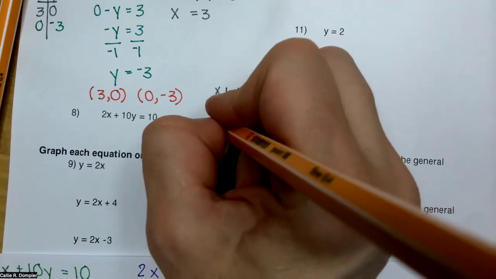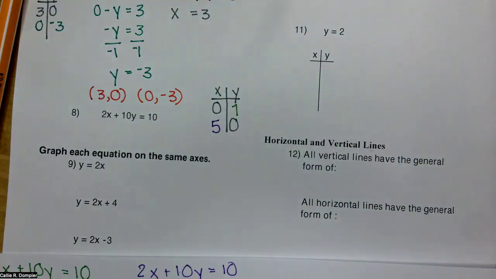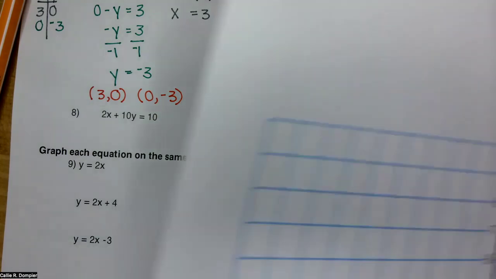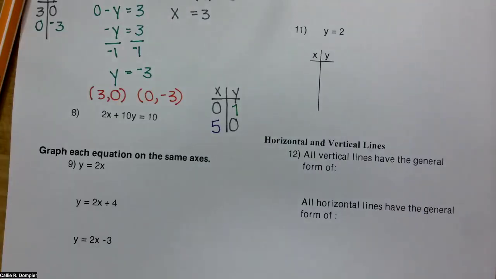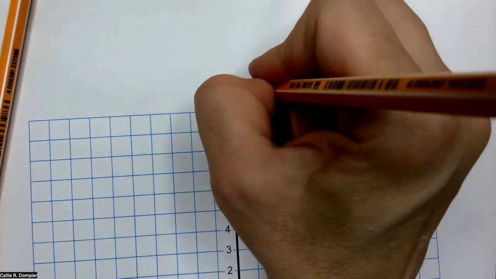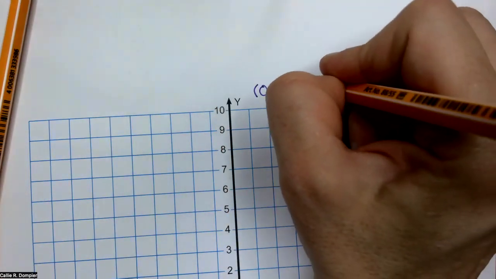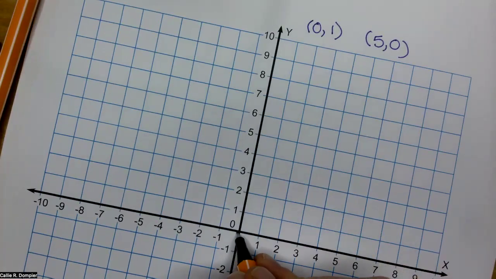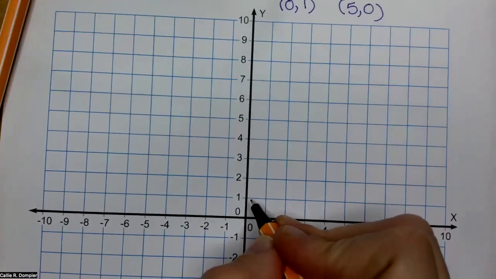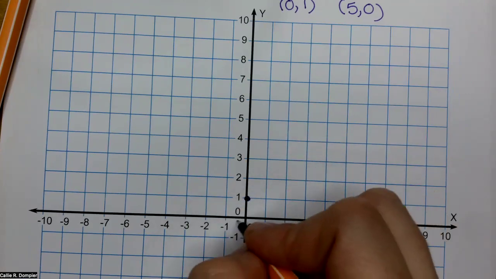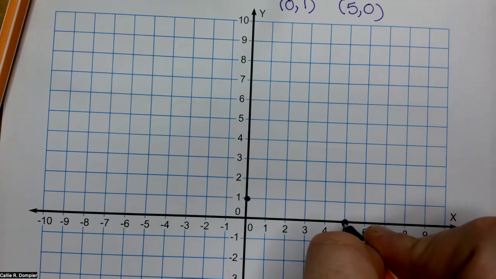So my 2 points are 0, 1, and 5, 0. Okay? 0, 1 means 0 on the x, 1 on the y. 5, 0 means 5 on the x, 0 on the y.